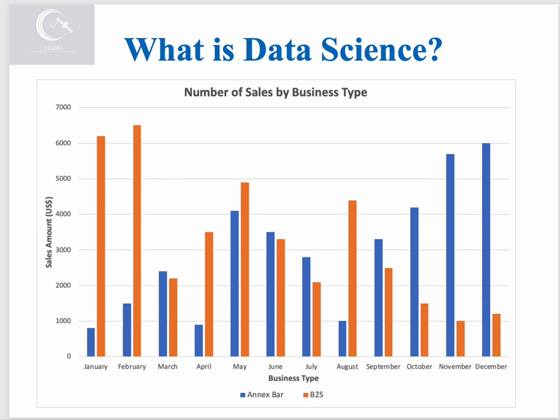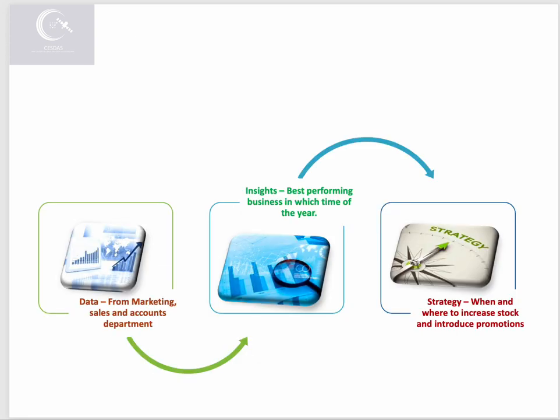So you realize that by just looking at this simple bar graph, you can already tell which business is doing well at any particular month, and generally which month the businesses are performing better depending on the type, whether it's the X bar or the B2S. So this is a very good illustration of using simple graphics, and that graphic was done in Excel, by the way. So therefore it leaves us with the question again, what is data science?